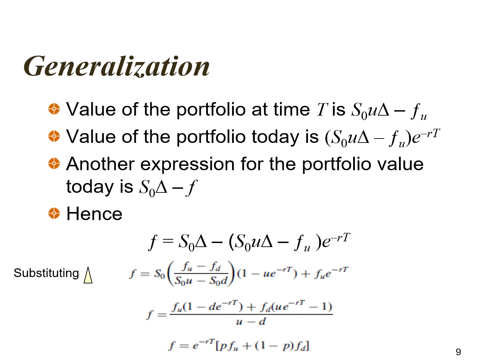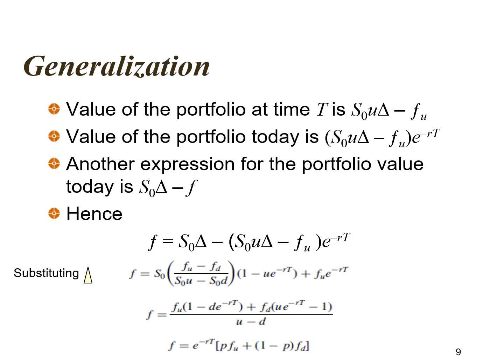So the first thing is that the value of the portfolio at time capital T, which is maturity, is S0 u times delta minus fu. So assuming that the price of the share goes up by a factor of u and you have delta shares, so at time T the value would be S0 u times delta, and fu is the value of the option at time T, or at the expiry date.